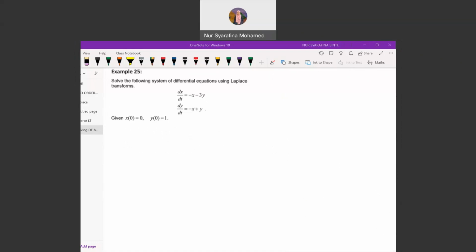So this is x prime, so we transform x prime, we transform negative x there, put negative outside, and we transform negative 3y. Here also y prime, negative x, plus transforming of y.